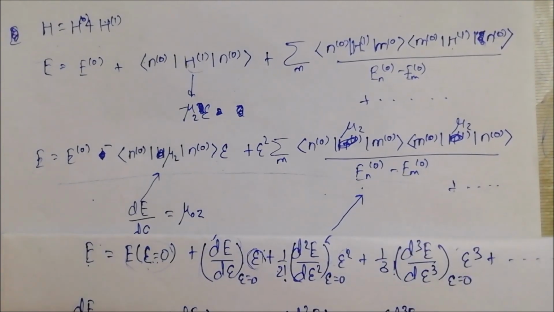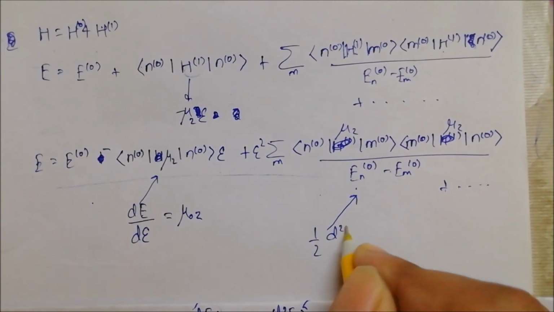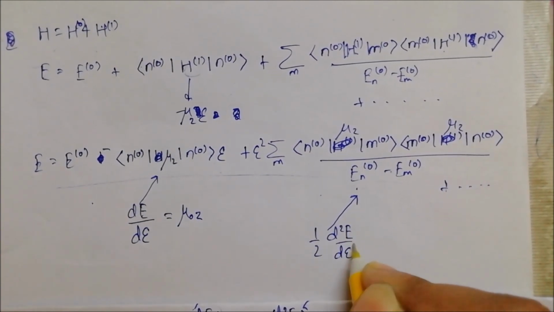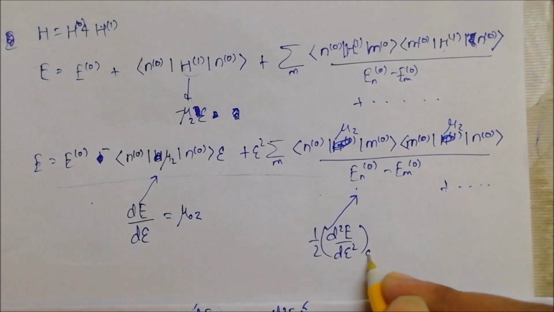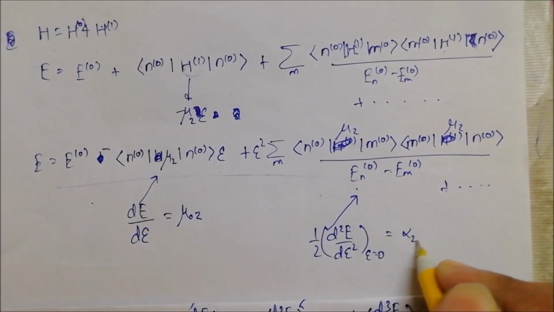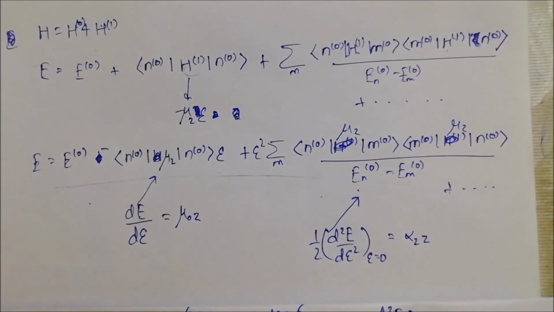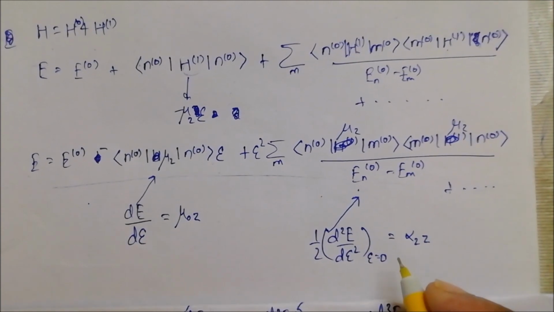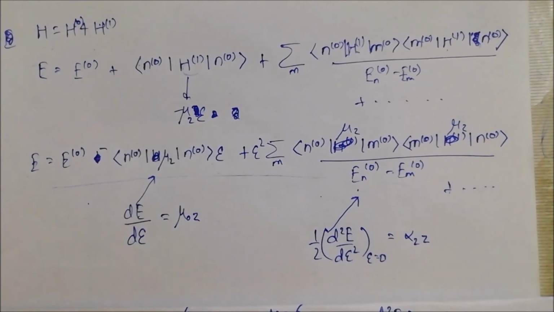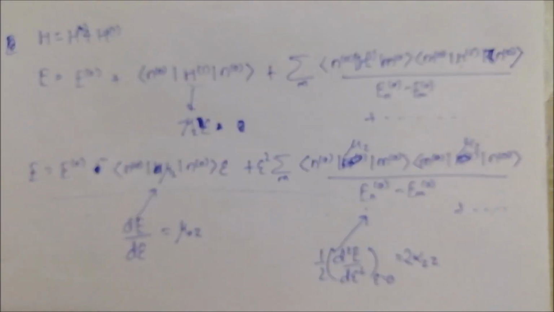So this is just 1 by 2 d2E by dE2 evaluated at E equal to 0, which is nothing but alpha zz, 2 times, which is just 2 times alpha zz. Yeah, because alpha zz was only this.